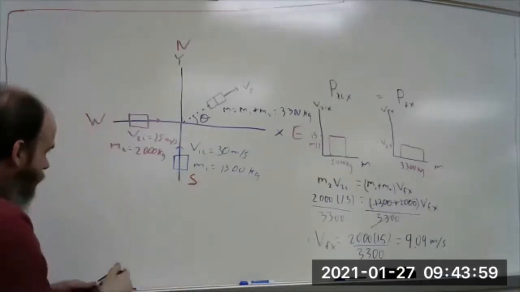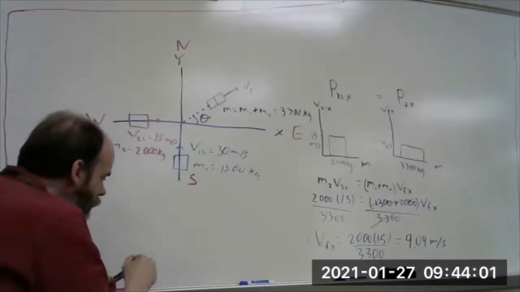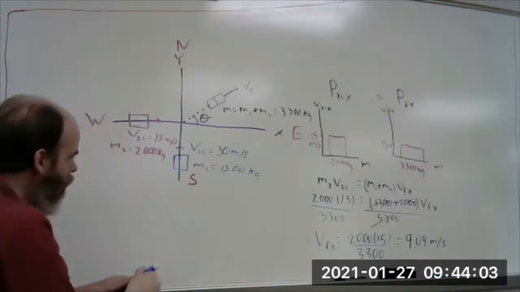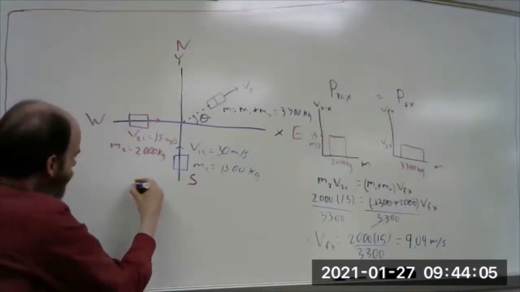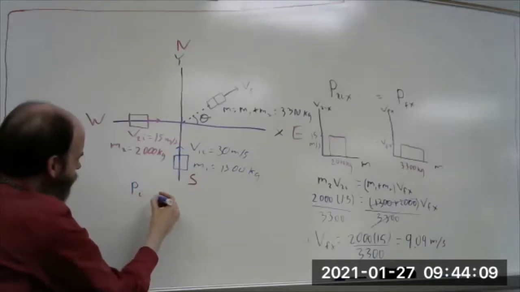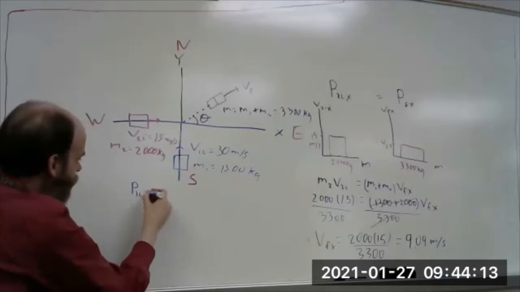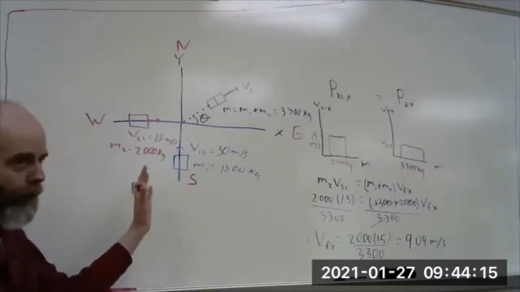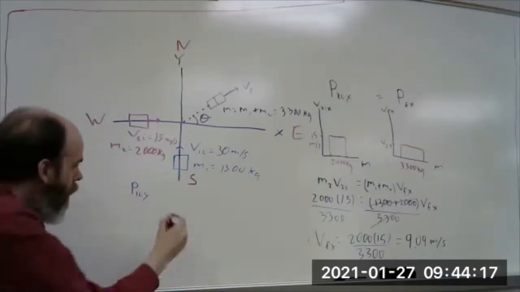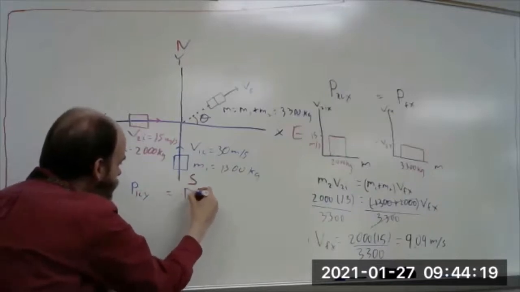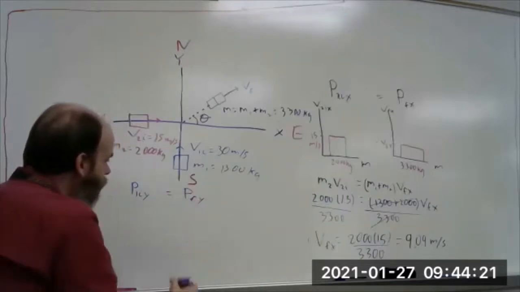So we're going to have P initial, which is really P1 initial in the Y, because that's the only initial momentum in the Y direction. And that's going to equal P final in the Y direction.